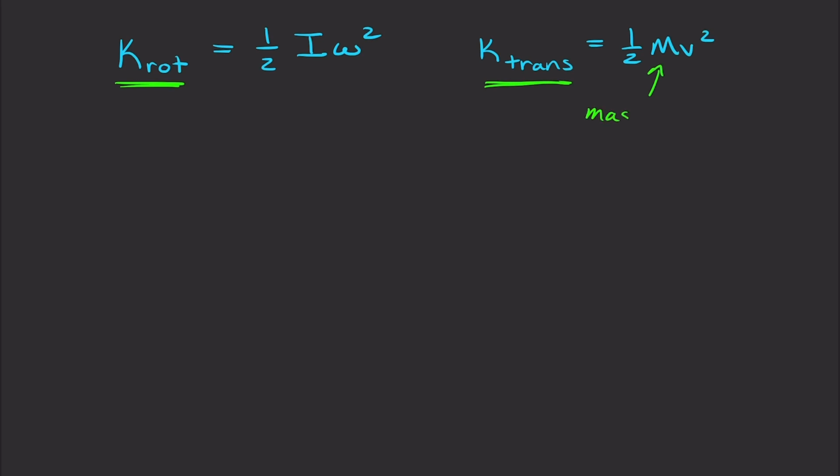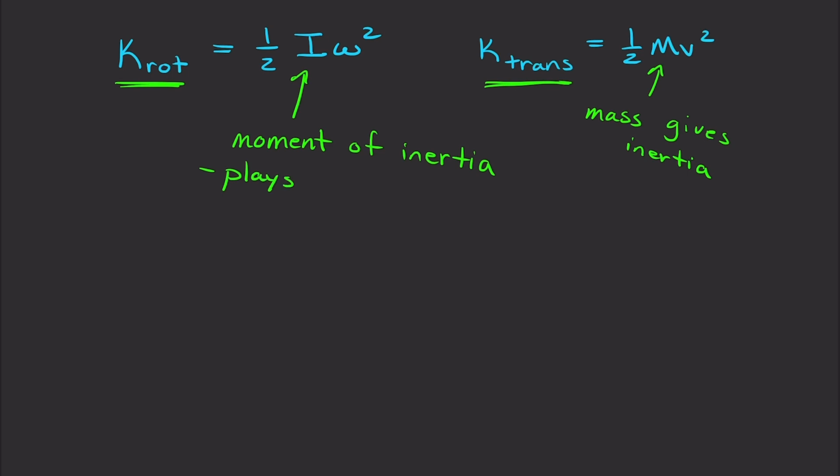Mass gives objects inertia, which is their resistance to changes in their motion, resistance to acceleration, or changes in their velocity. The moment of inertia will play the same role but for rotation. So it's analogous to mass, but for rotations. It plays the role of mass for rotational motion.